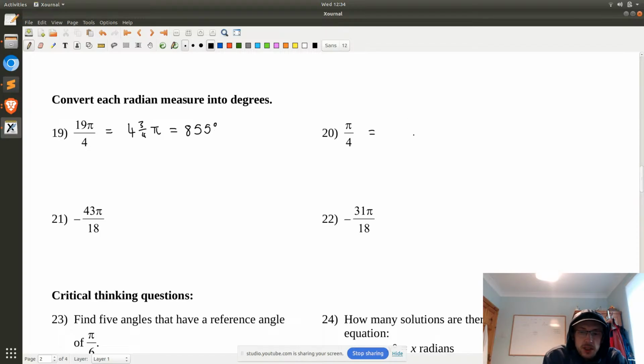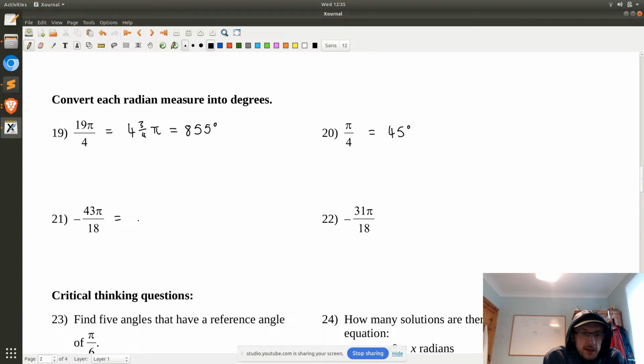Pi over 4 should be known by now. That's 45 degrees. It's just hard to stick in memory. 18 doubled is 36.